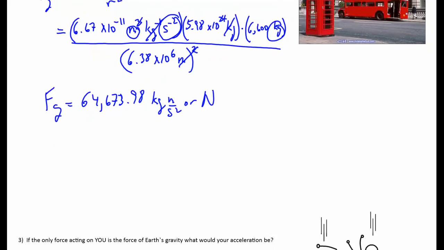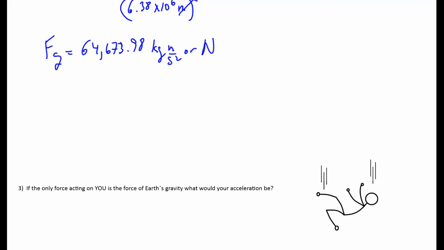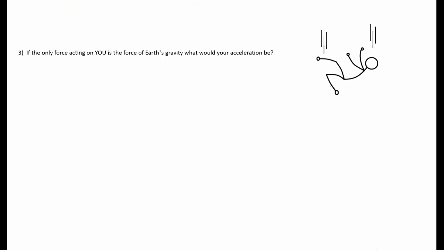Now, remember, all forces acting on an object will make that object accelerate as long as that force isn't zero. So, let's see what happens to this person and the acceleration that the force of gravity puts on it.